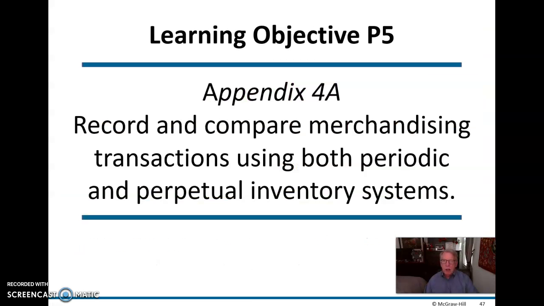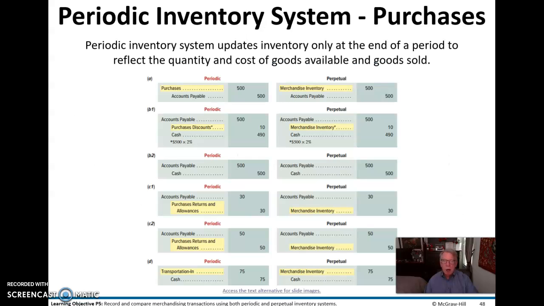All right, let's take a look at Appendix 4A. And here we're going to be looking at both the periodic and perpetual inventory systems. For your exam, you can use the page from the book that has these illustrated on it.